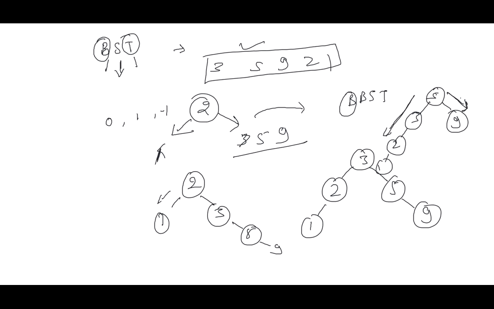So 1 minus 3, sometimes we will get a negative number. So we can say the absolute difference should be less than or equal to 1. Then we can say the tree is a balanced tree. Balanced tree means, let's say we have a structure like this, this is balanced, because we have 2 nodes here and 1 node here.